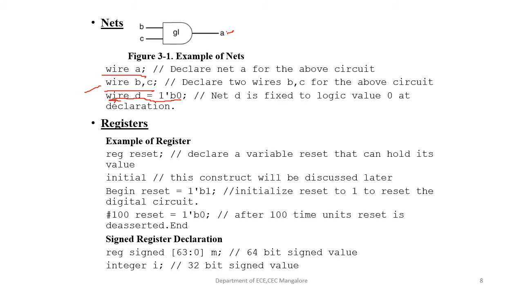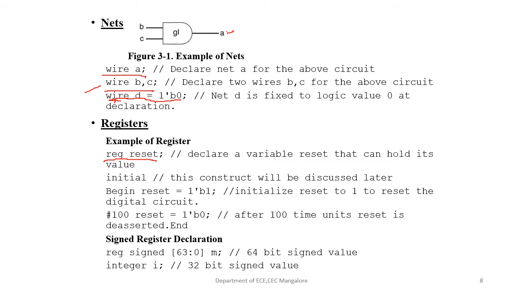Registers are nothing but the registers you have studied in microprocessors and microcontrollers, the same type of registers. It will retain the value, so the declaration is like reg reset. Here reset is a variable identifier, a variable to which you can assign a value.